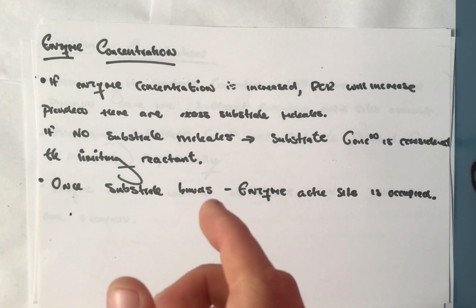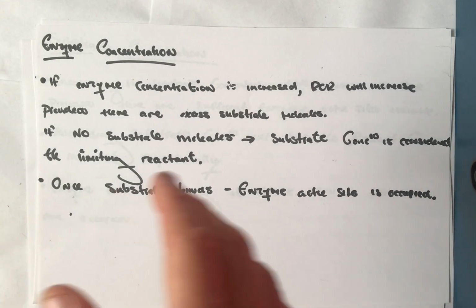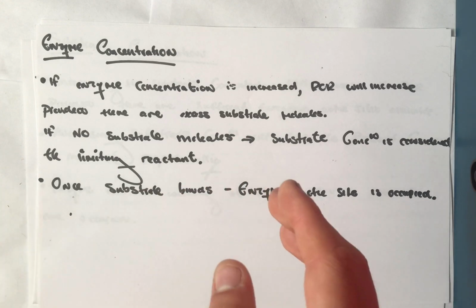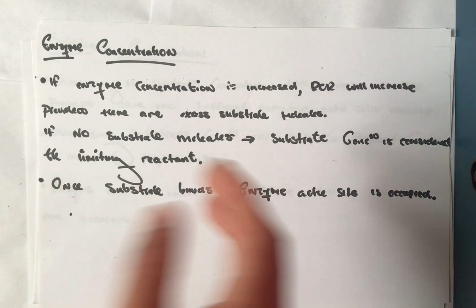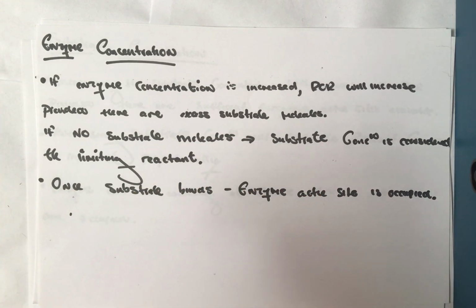However, if there are insufficient substrate molecules, increasing the enzyme concentration will not affect the rate of reaction, because there are insufficient substrate molecules, and this is when the substrate concentration is known as the limiting reactant.